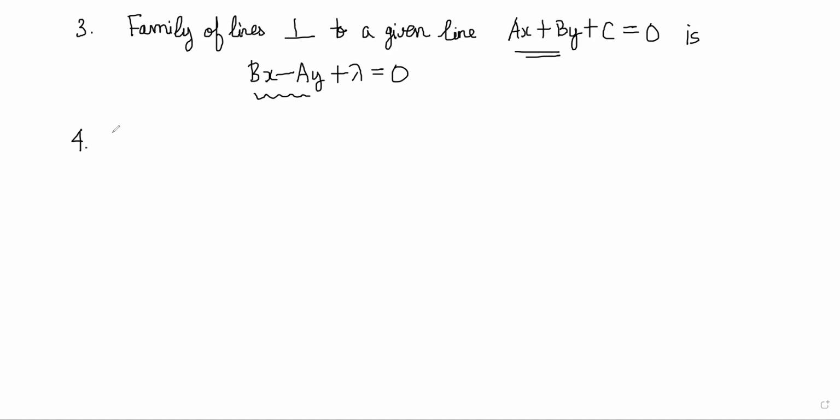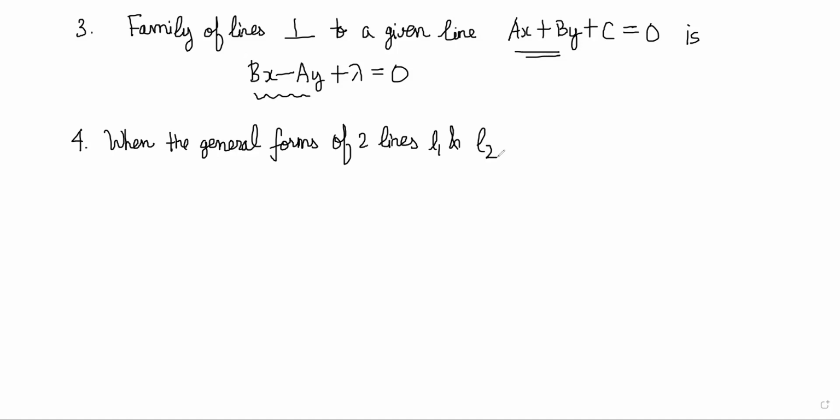The next example is when the general forms of two lines L1 and L2 are f1(x, y) equal to 0 and f2(x, y) equal to 0. Think of this as a linear expression in two variables x and y.